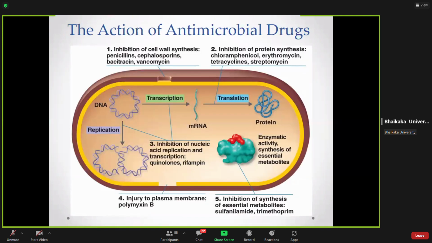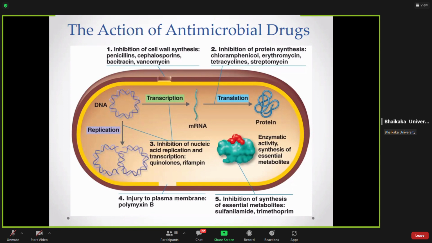Now let me tell you the actions of antimicrobial drugs. So this is a diagram of a typical or idealized bacterial cell, and it is describing the important physiological activities going on within the cell. The principal thing is DNA replication, which takes place as a primary process of cell division.